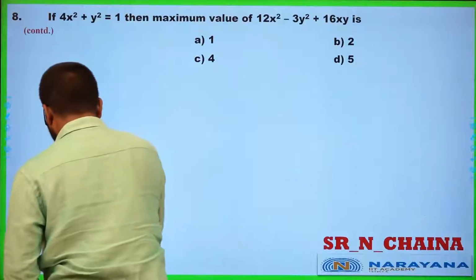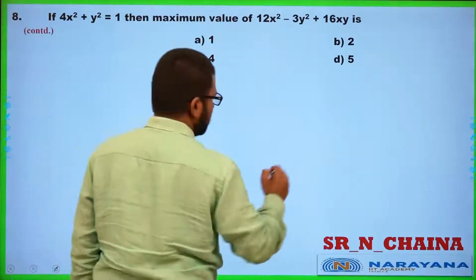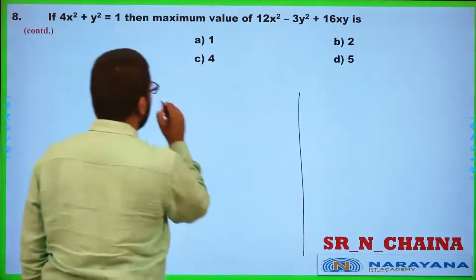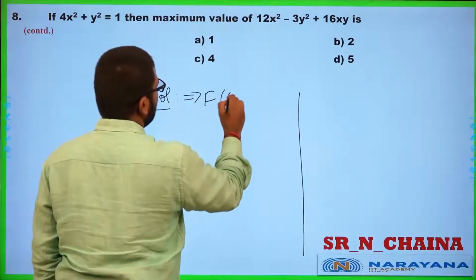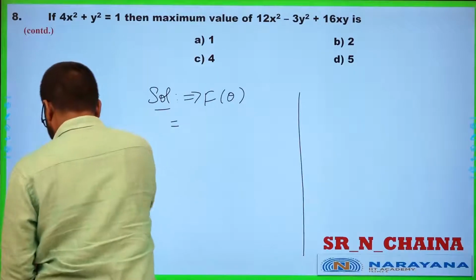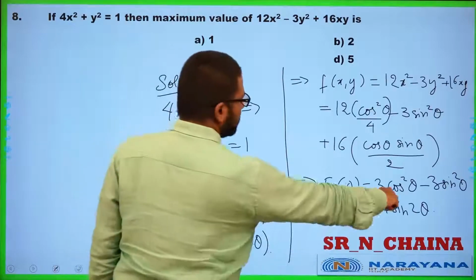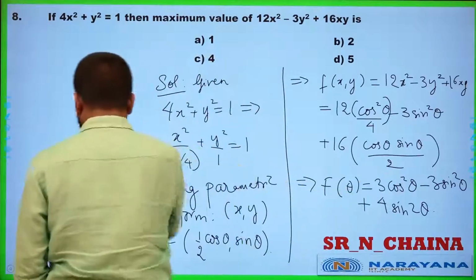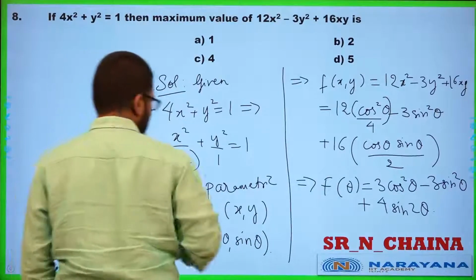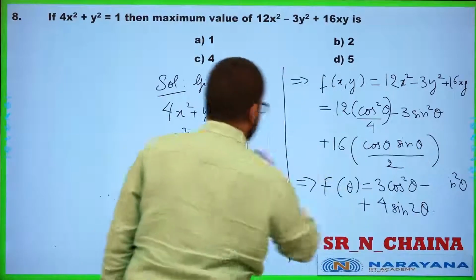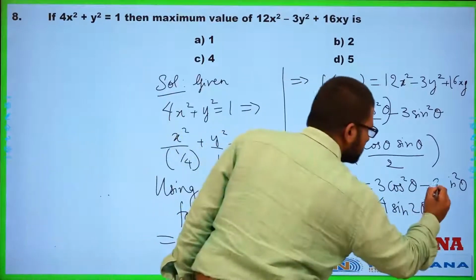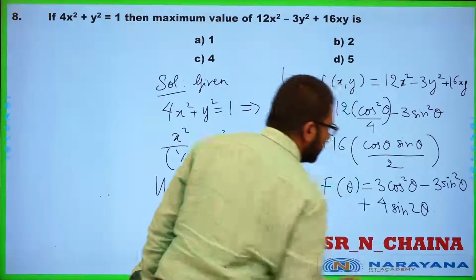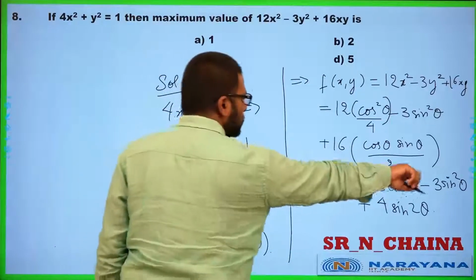Therefore, capital F of theta then is how much? Look at this, 3 cos square theta minus 3 sin square theta. Can you see that it is 3 cos 2 theta?